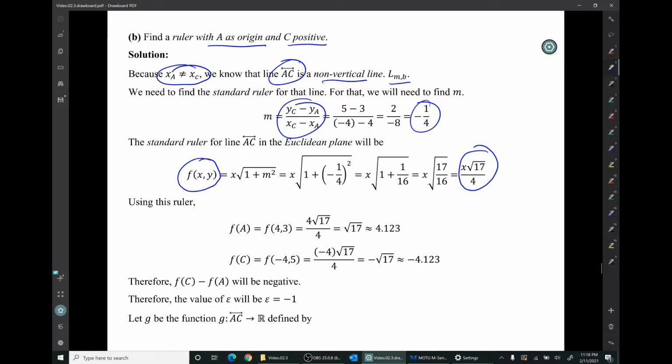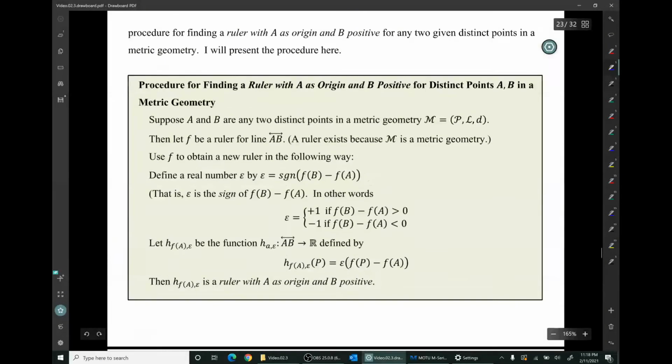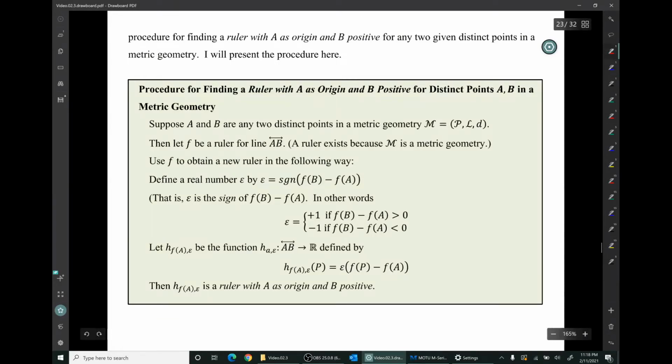Now what's next? We found our standard ruler. Remember what we have to do next. We have to figure out the value of epsilon by looking at the sign of the difference, f of b minus f of a. So we need to compute f of b, compute f of a, compute their difference and figure out the sign of that and use that to decide whether epsilon is positive or negative.